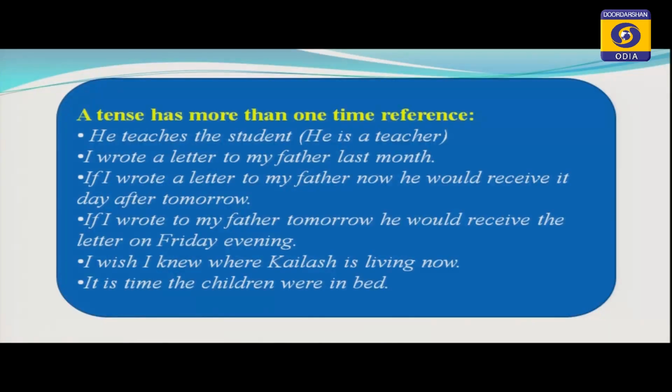Now, a tense has more than one time reference. Previously, you had the idea of a single tense, he teaches me grammar. Now, this particular sentence gives the meaning that it is a continuous process.